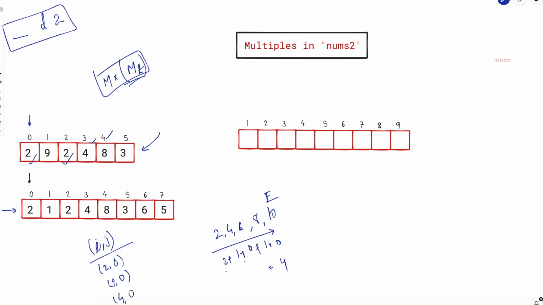Again, don't look at this array. Let's say this is a valid pair for j equals 0, right? Now if it is a valid pair for j equals 0, it means there are 3 numbers which are divisible by 2, first at index 2, second at index 3, third at index 4.